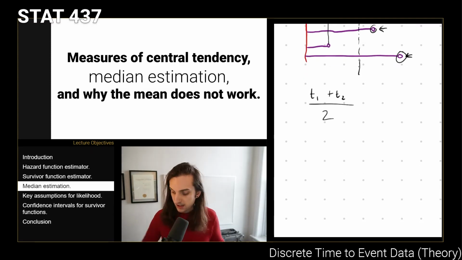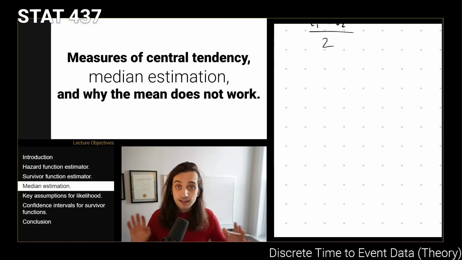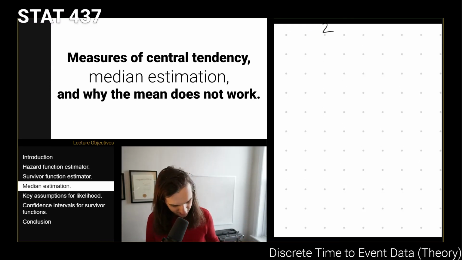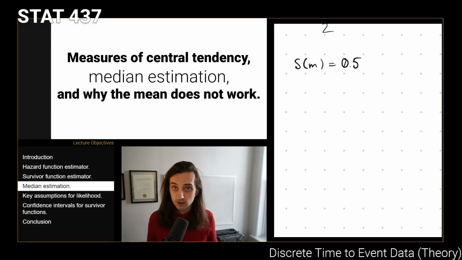Okay, and so because of that, we need alternative ways of capturing these measures of central tendency, and the obvious one to choose is the median. The reason is that, at least theoretically, the median is defined as the value m such that the survivor function is 0.5.